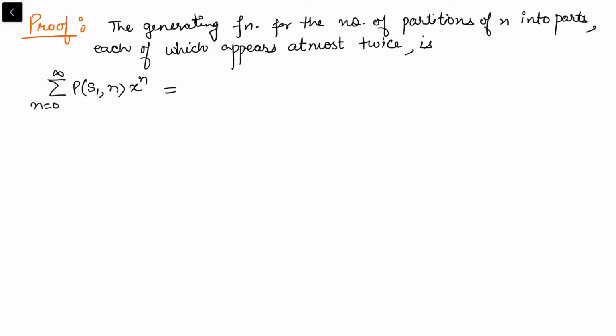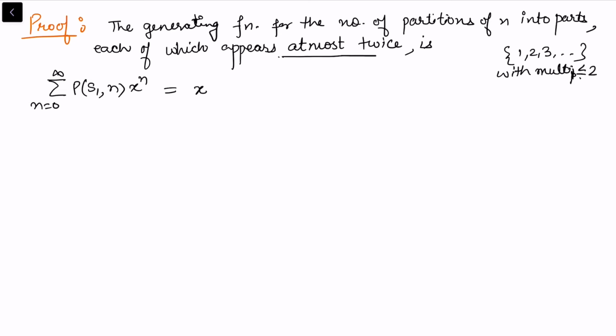So we start by considering the generating function for the number of partitions of n into parts each of which appears at most twice. The part sizes can be any of 1, 2, 3, and so on. The only thing is that their multiplicity is restricted, less than or equal to 2.